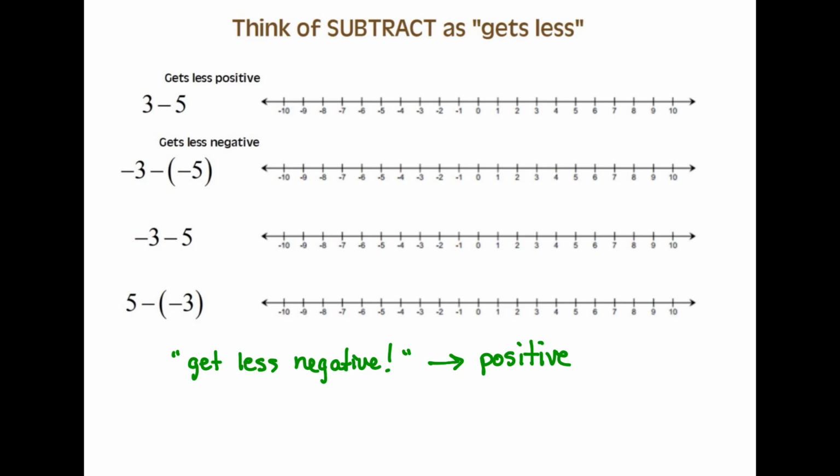And counter to that, what if we get less positive? Yep, that means getting negative, right? Okay. Hopefully none of your moms told you to do that. Okay, so let's look back up at the problem. We have a positive, take away a positive, so I want to get less positive. I'm actually going to go in the negative direction to go less positive.